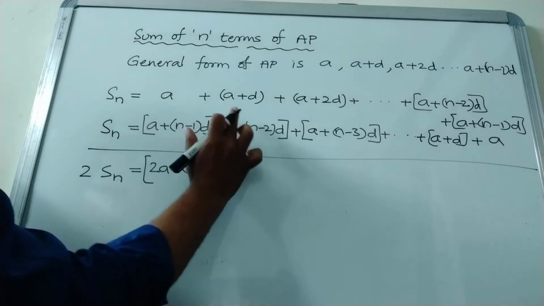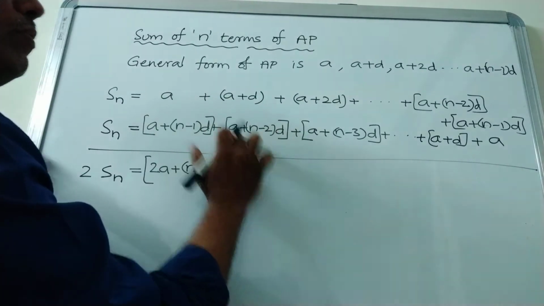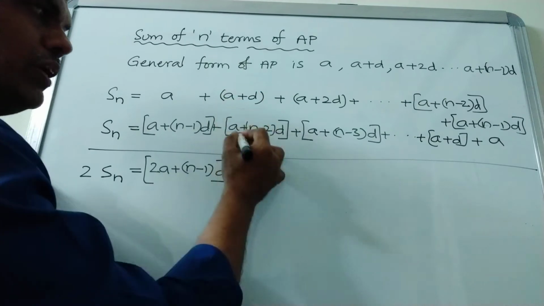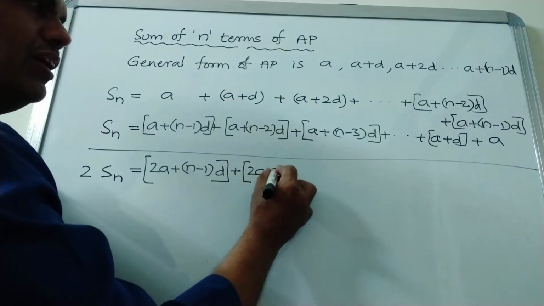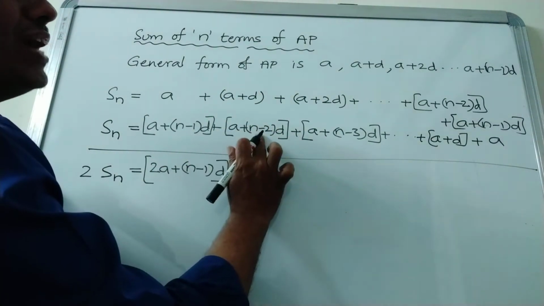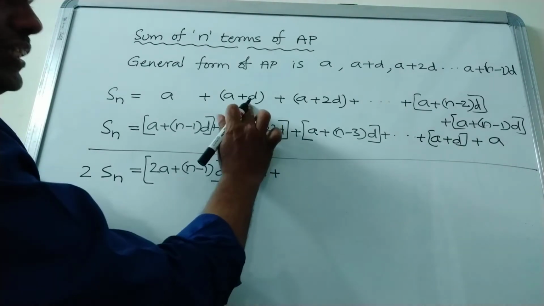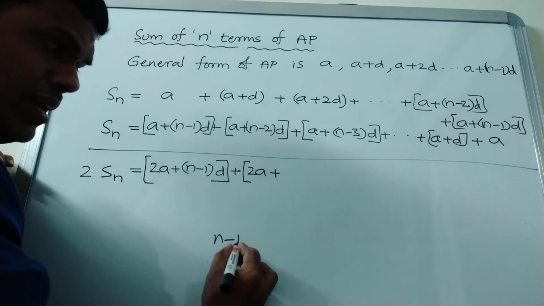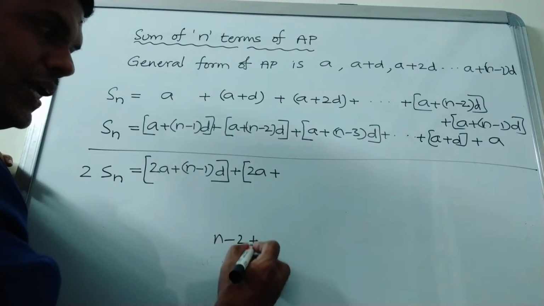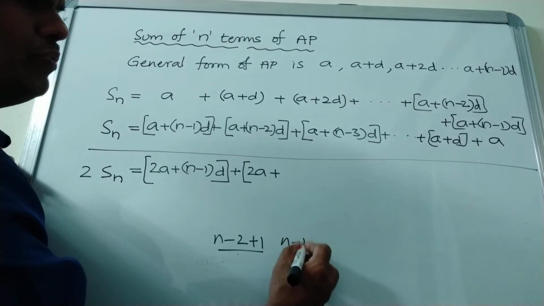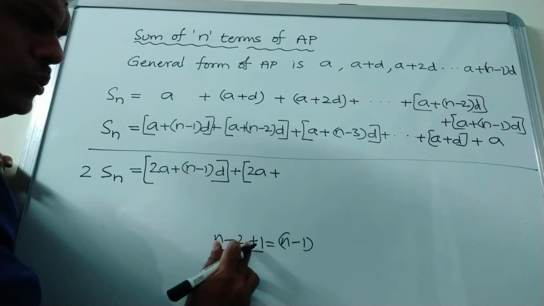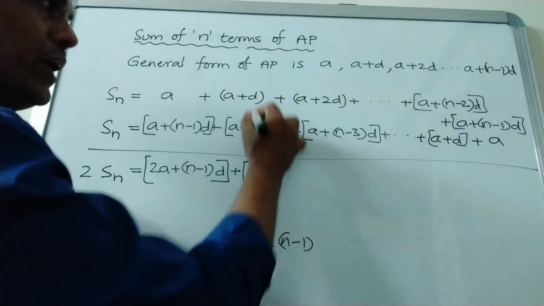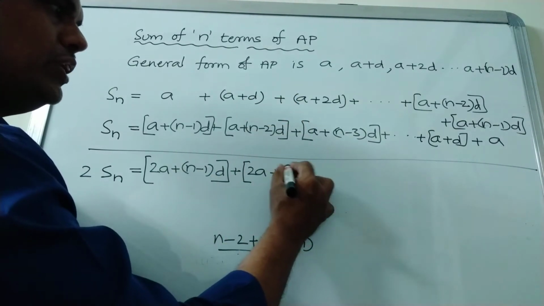Now coming to the second term, this term and this term I am adding. a plus a gives 2a. Plus, here this is (n minus 2) into d, and this is d, so d plus d means 1d. So n minus 2 plus 1 gives n minus 1. So again by adding these two, I am getting (n minus 1) into d.